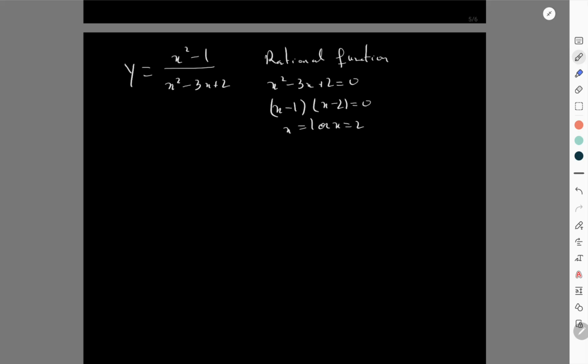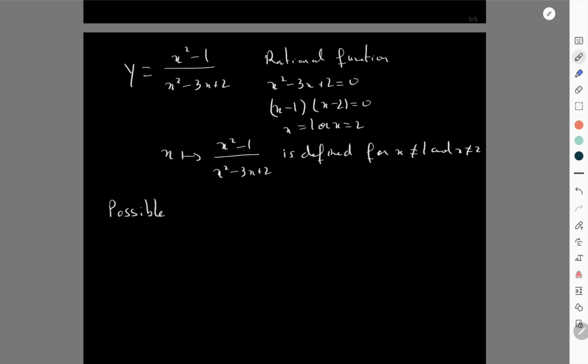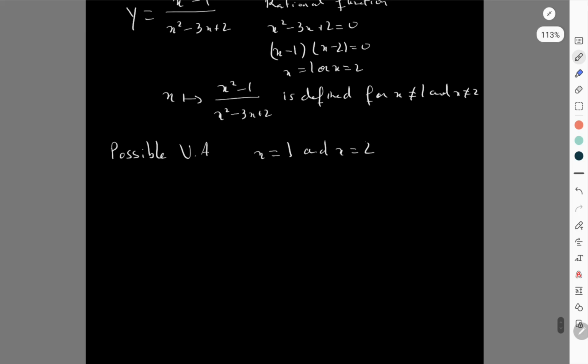So this function is defined for x different than 1 and x different than 2. A rational function is continuous on every point in its domain. So the possible vertical asymptotes are the line x equal 1 and the line x equal 2.